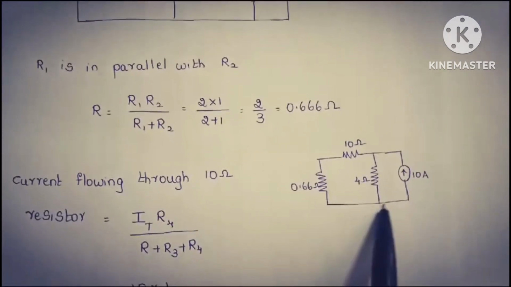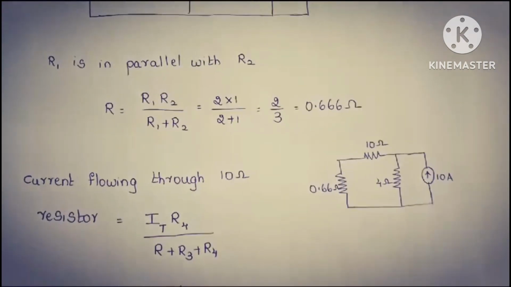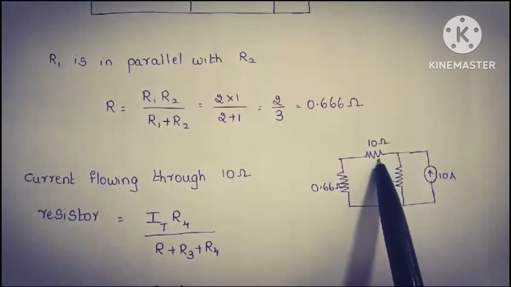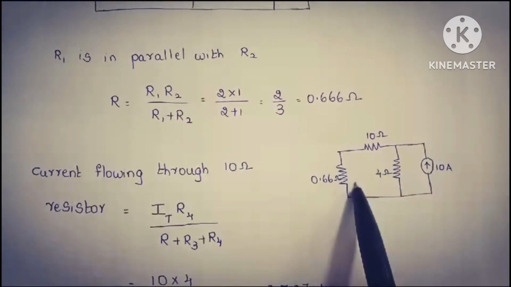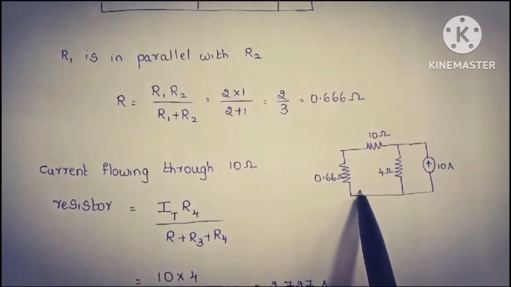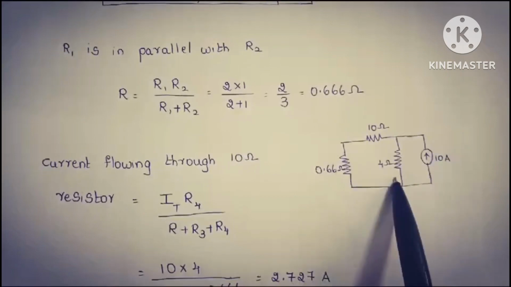In the next step, the circuit is reduced to this particular form. In this, I want to find the current through the 10 ohm resistor. As these two resistors are connected in series, the current will remain the same. Now I am going to apply the current division rule.